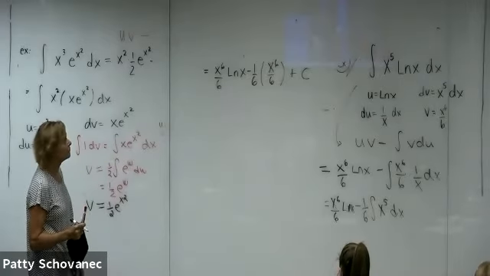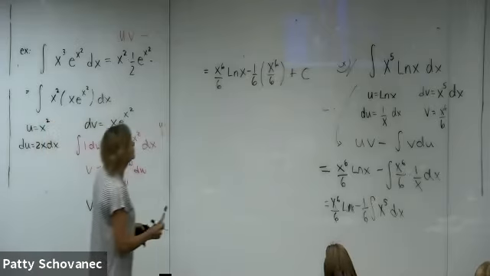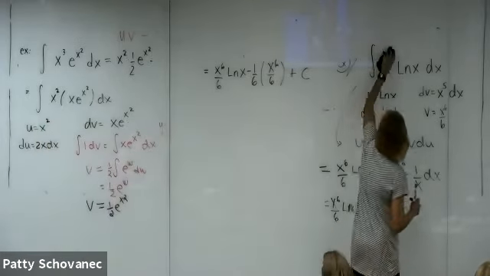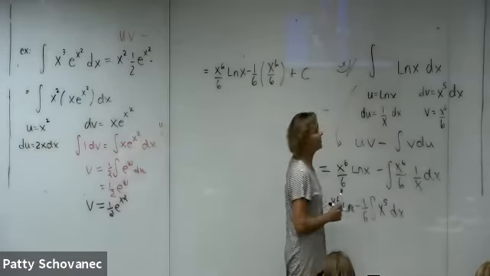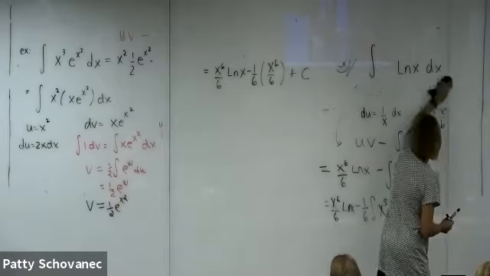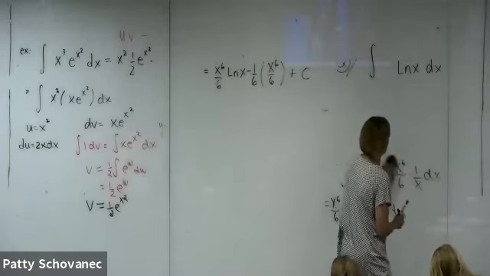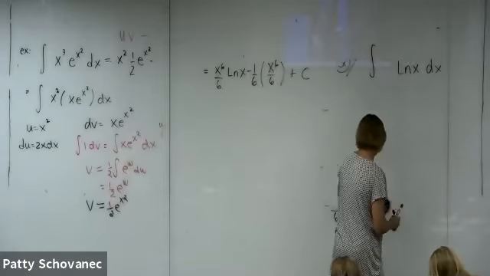Let's do the same problem with the x to the 5th taken out. How would you do that one? Same way, right? We take u to be the natural log of x.